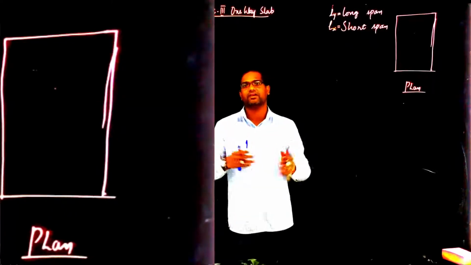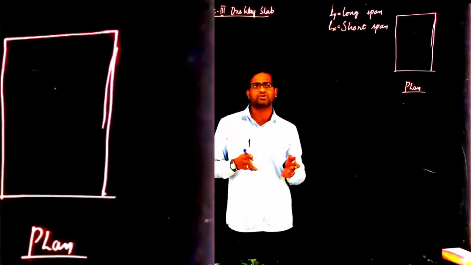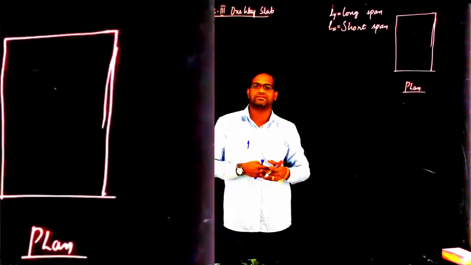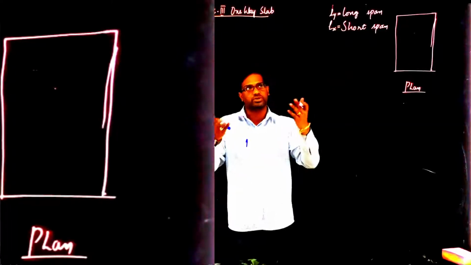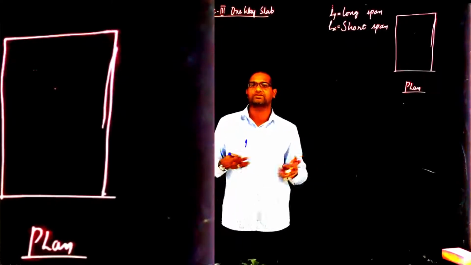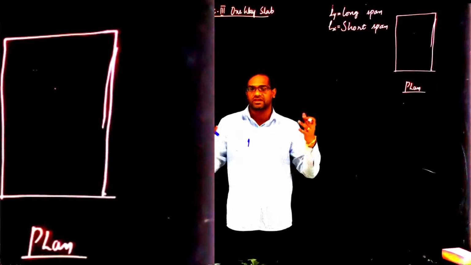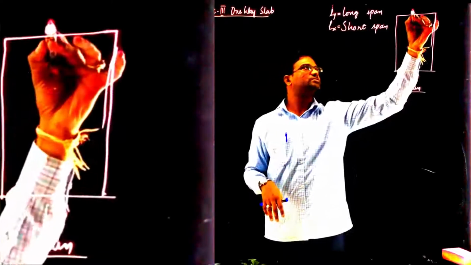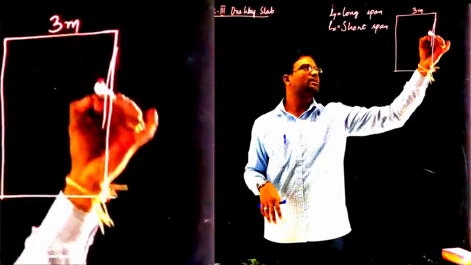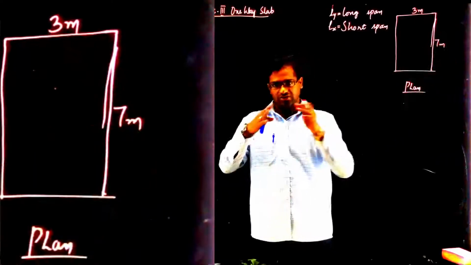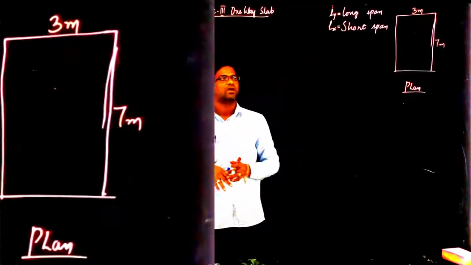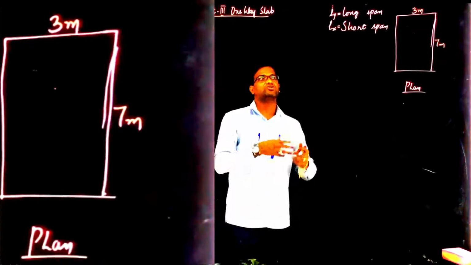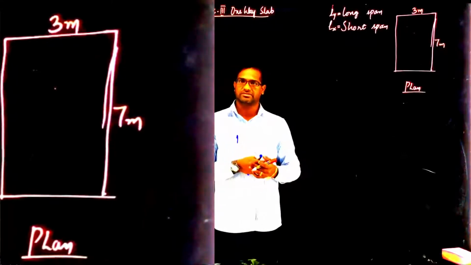How can you tell which dimension is the long span and which the short span? The highest of the slab dimensions is the long span, and the lowest is the short span. For example, if I take 3 meters and 7 meters as the dimensions of the hall, then the long span is 7 meters and the short span is 3 meters.